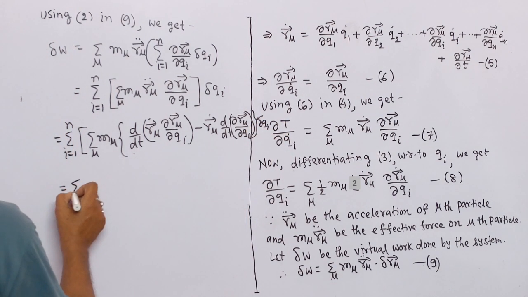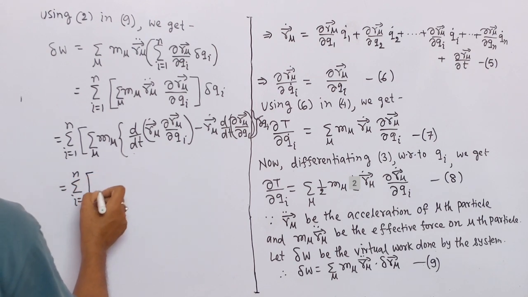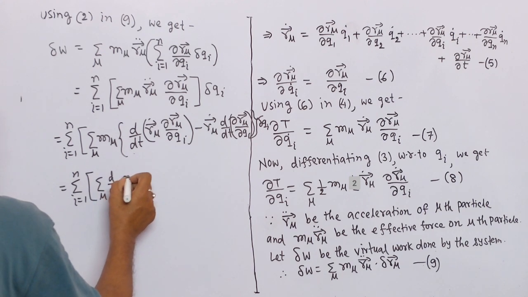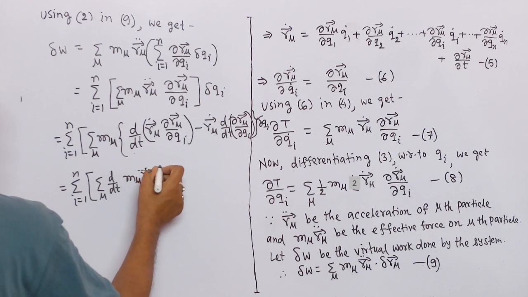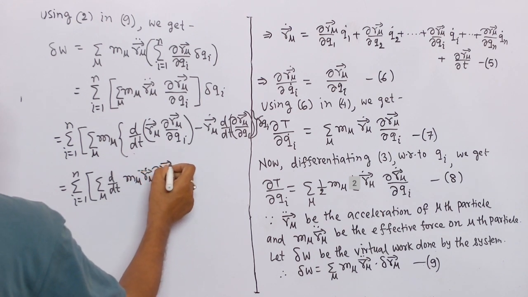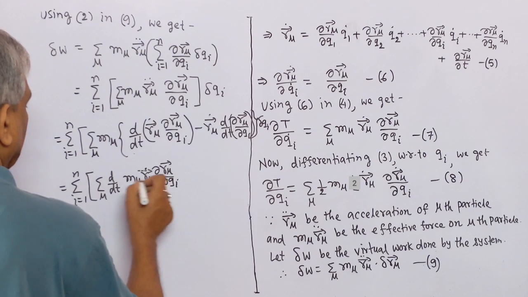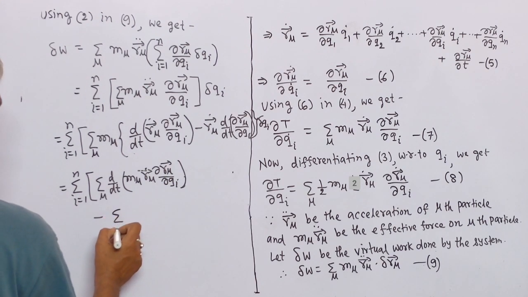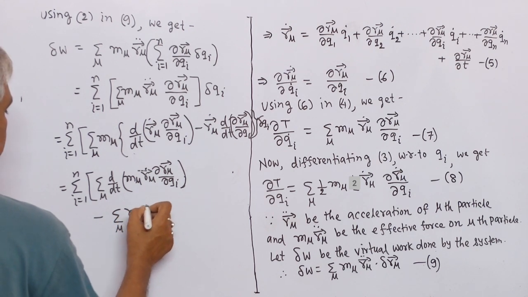This equal to sigma i equal to 1 to n sigma mu d by dt a mu r mu dot partial derivative of r mu with respect to qi minus sigma mu a mu r mu dot.